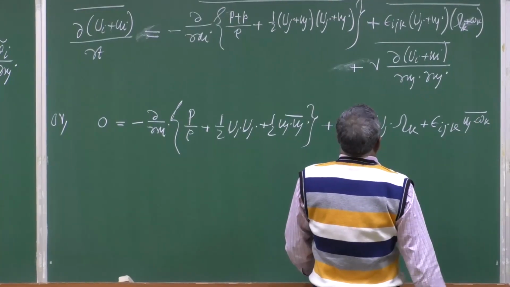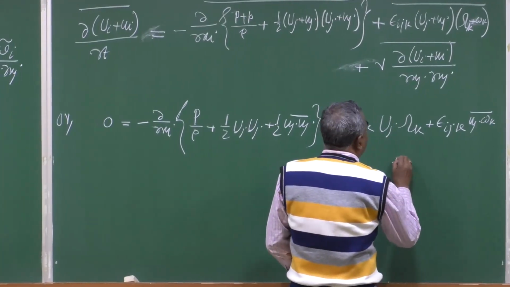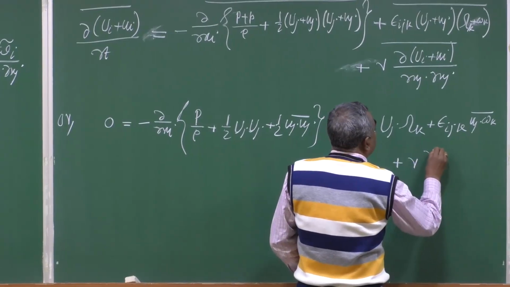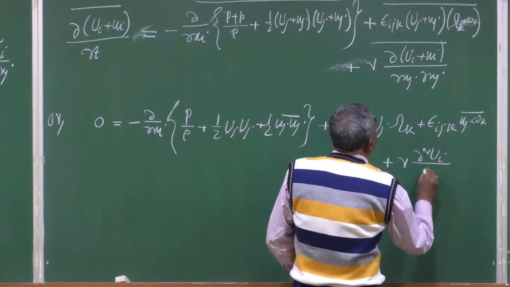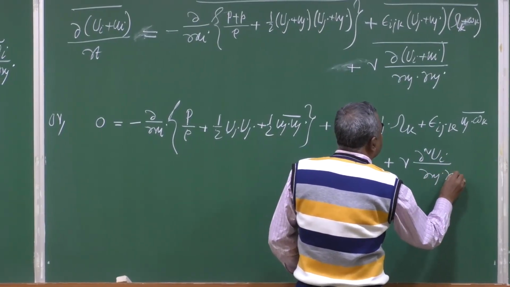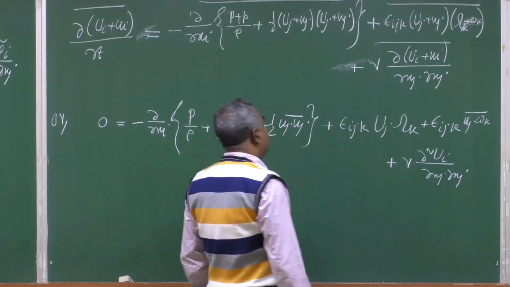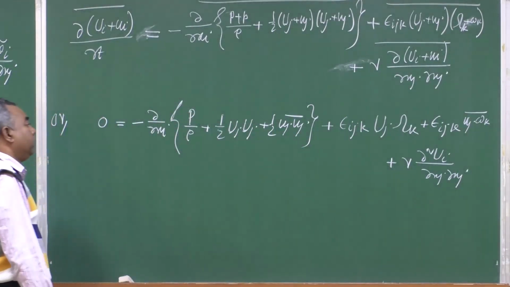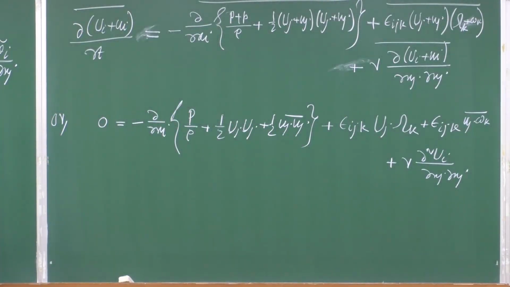Okay. This is what we get, plus the last term which is nothing but the viscous term, del squared U_i by del x_j del x_j. Okay. So, this is what we get after Reynolds decomposition and time average of this momentum equation itself.